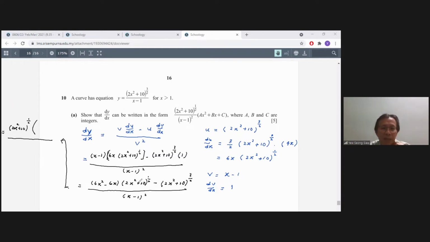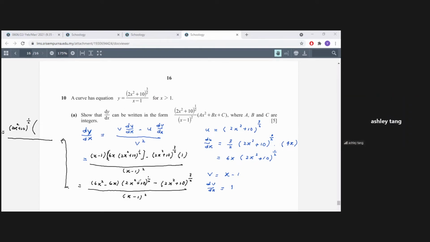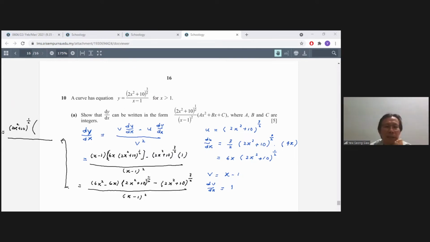Do you know how to factorize? Factorize the 1 over 2, bring out. This bracket, power 1 over 2, I already bring outside. So the first term remain this one, isn't it?